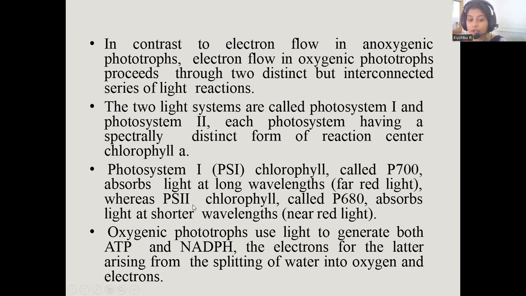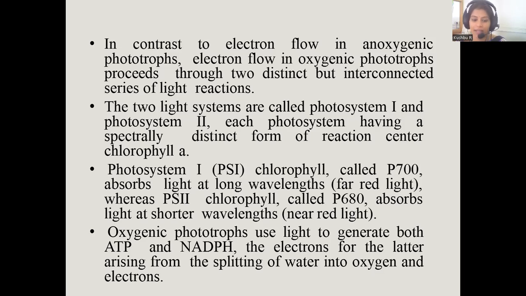But PS2, the chlorophyll called P680, has the ability to absorb shorter wavelengths, that is nearer red light. These photosystems equip the organism to perform efficient light dependent photosynthesis and to trap the required energy of light to excite the electrons in the water molecule and enable them to be liberated, so that carbon dioxide can accept them and then ATP production can happen.